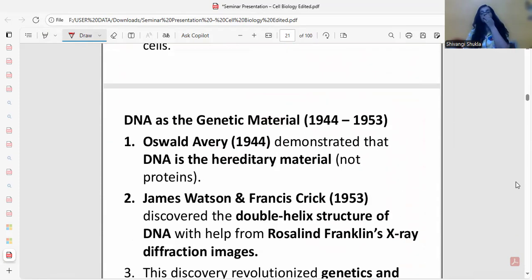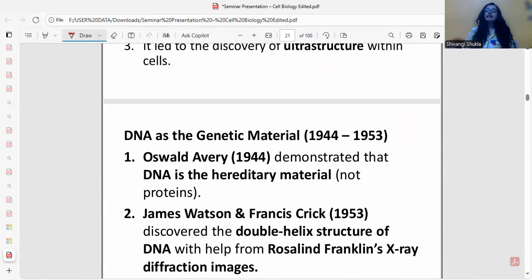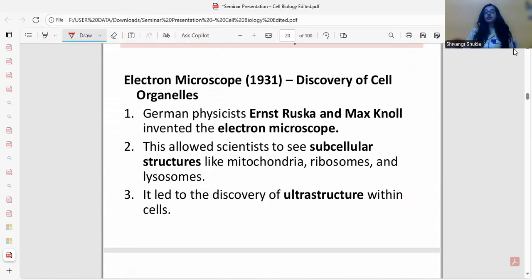Then there was the discovery of the electron microscope that enables us to see the ultrastructure. It was invented by Ruska and Knoll. So you don't need to remember Ernst Ruska and Max Knoll, just Ruska and Knoll would do. Sometimes they ask you this question. Not very important though.